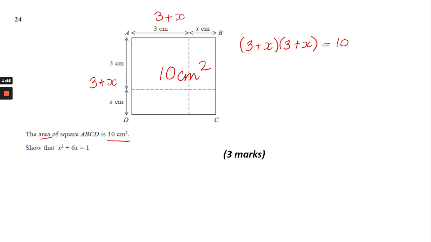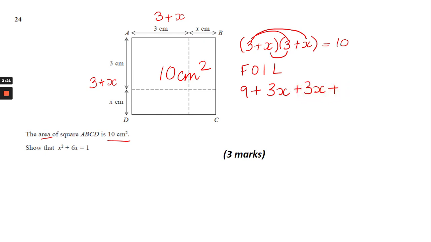So if we multiply this out, we can use any method. I'm just going to use FOIL. So first, outer, inner and last. 3 times 3 gives me 9. Outer, 3 times x gives me plus 3x. Inner, x times 3 gives me again 3x.